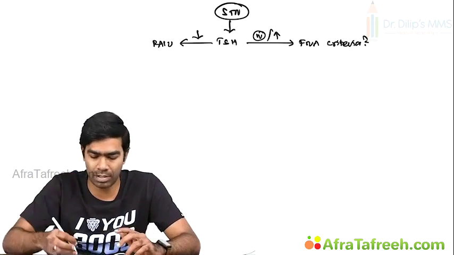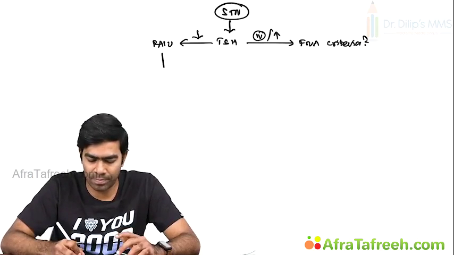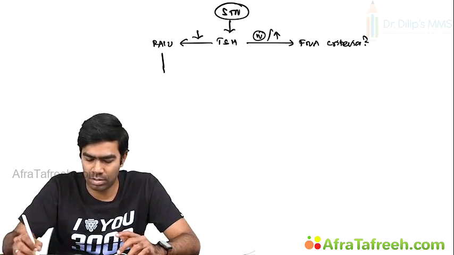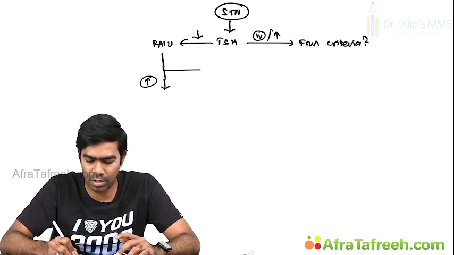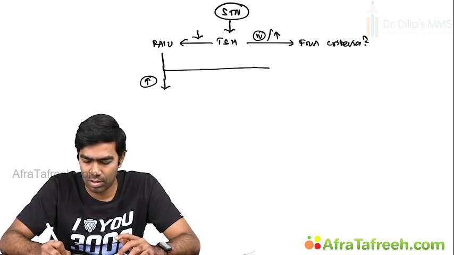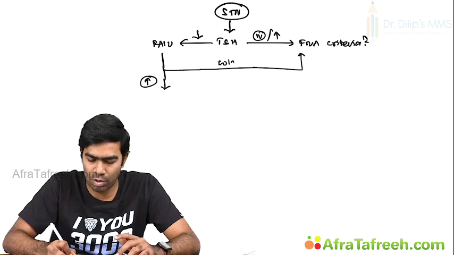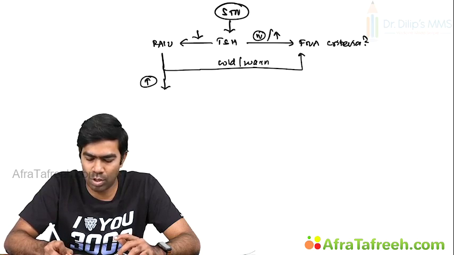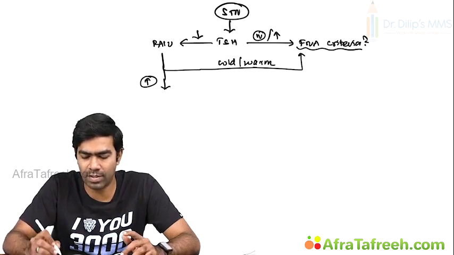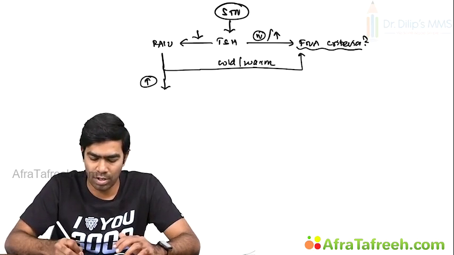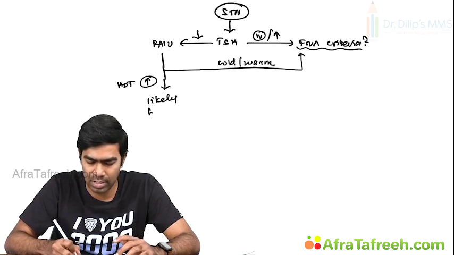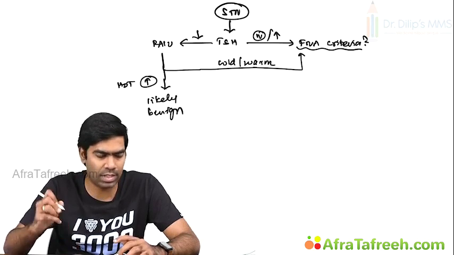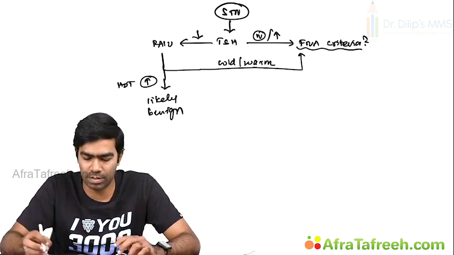Now I'm just recapping it. If radioactive iodine uptake is showing a hot nodule, which means increased uptake, or I'm having a cold or a warm nodule. If I'm having a cold or a warm nodule, I'll again see whether the criteria for FNA is met or not. Or if it's showing a hot nodule, I'll be considering this as a likely benign lesion only. I'll not even be thinking of it as a malignant lesion in the first place.